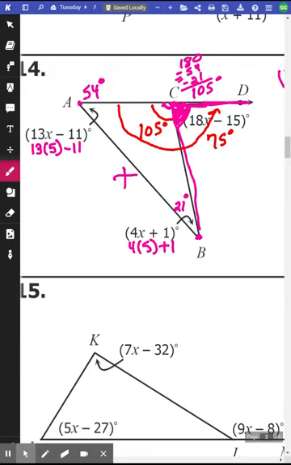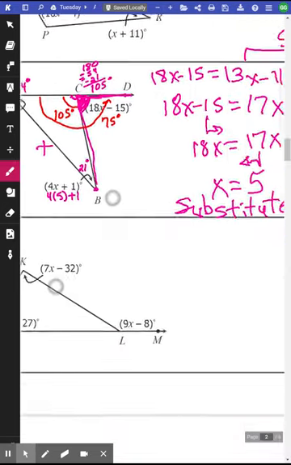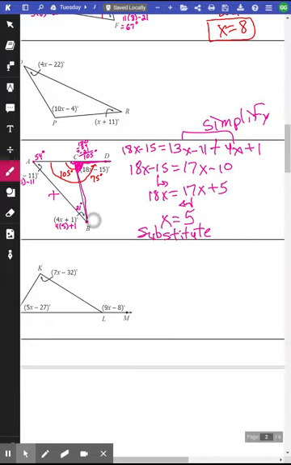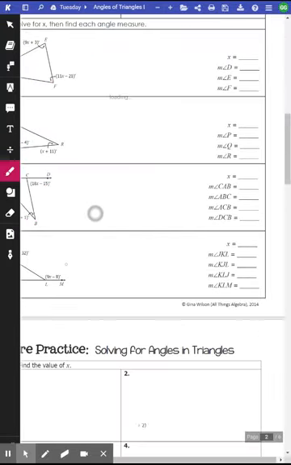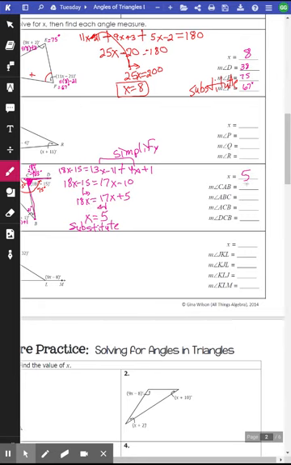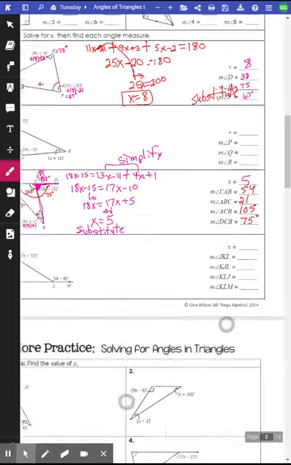Or you could substitute, up to you, but I guarantee you 18 times 5 is 90, and 90 minus 15 is 75. It would have worked out. So 54, 21, 105, and 75.